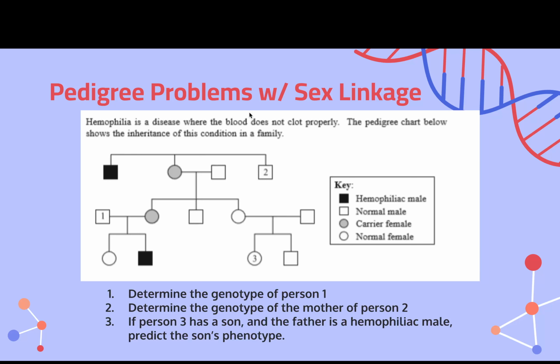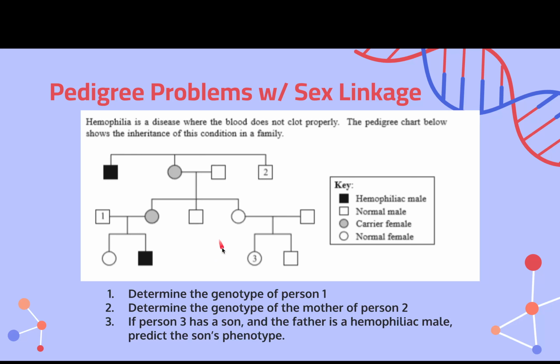For number three, we look at the third person. So if person three has a son and the father is a hemophiliac male, predict the son's phenotype. Now, to determine the phenotype, first we have to determine the genotype. To look at the genotype, we know that the father is a hemophiliac male. In order for him to be a hemophiliac male, he has to have the X lowercase h Y chromosome pair, right?